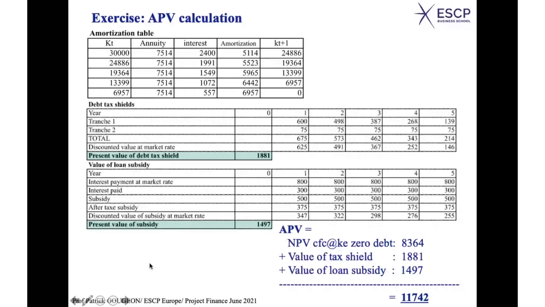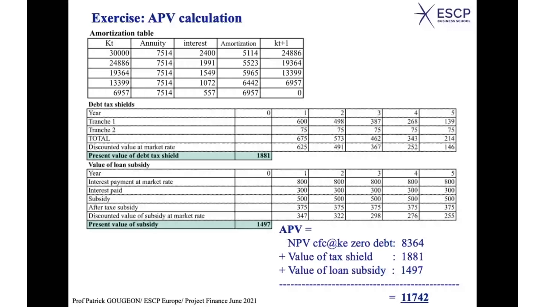Now the APV, okay? The APV is made of different types of elements. The NPV of the cash flow using the cost of equity at zero debt, which we have done before, the value of the tax shield, and we have a third element here, which I have added for you to understand that the APV was a very useful approach because you can always add different elements which can be assessed separately.